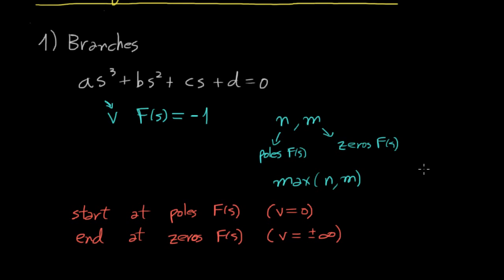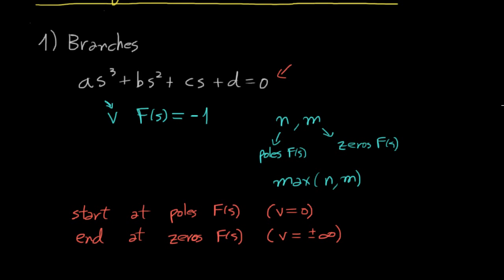If there are, for example, 3 branches, there are 3 branches for the positive root locus and another 3 branches for the negative root locus. The three of them finish at the zeros when v is equal to infinity, and the other 3 finish at the zeros when v is equal to minus infinity.